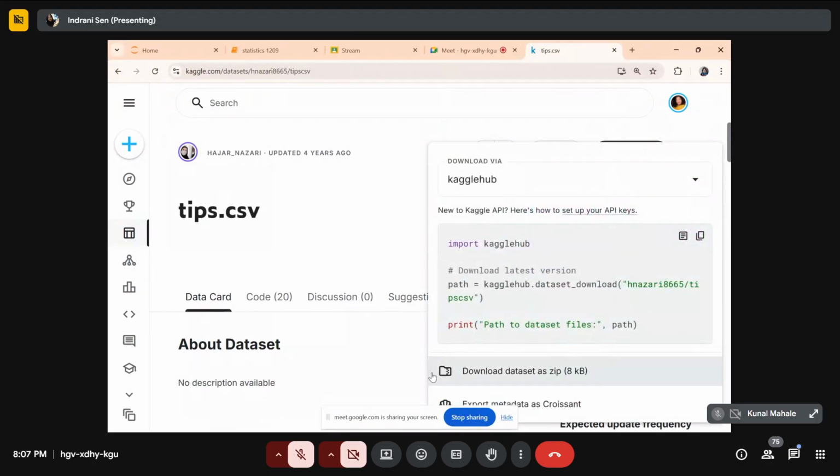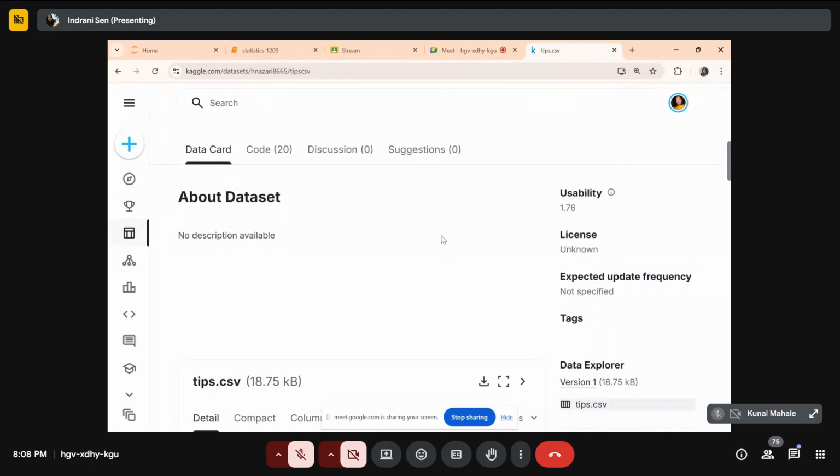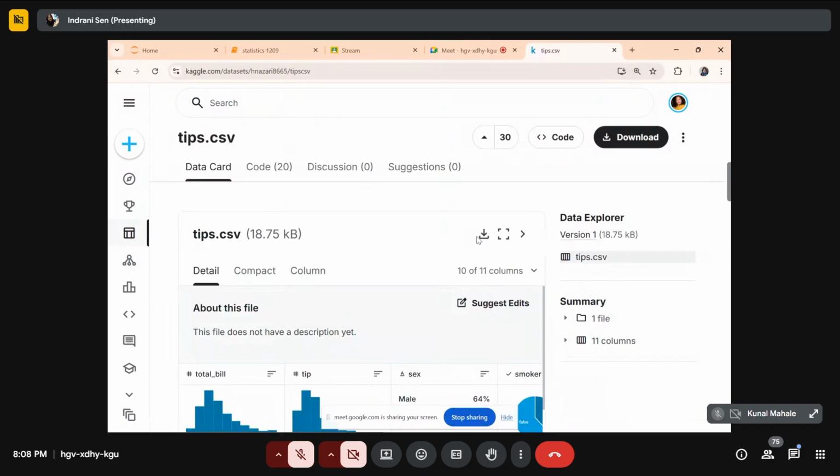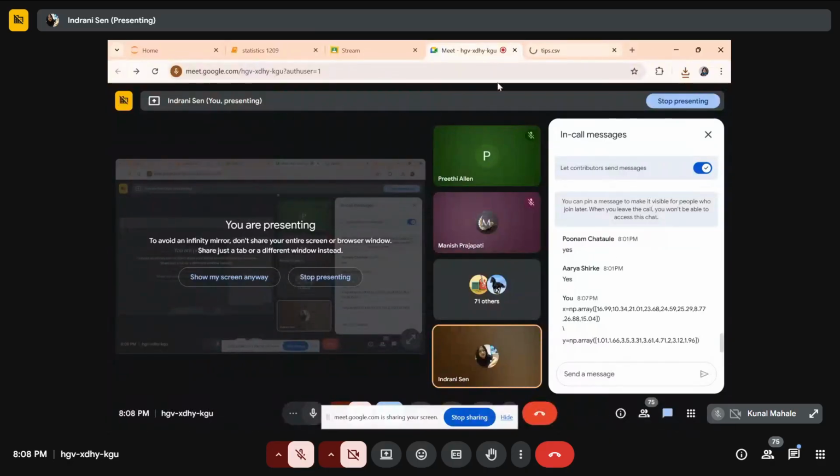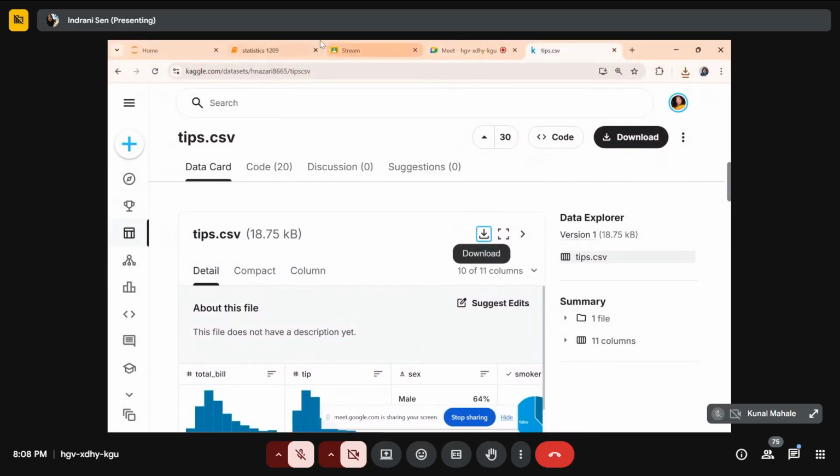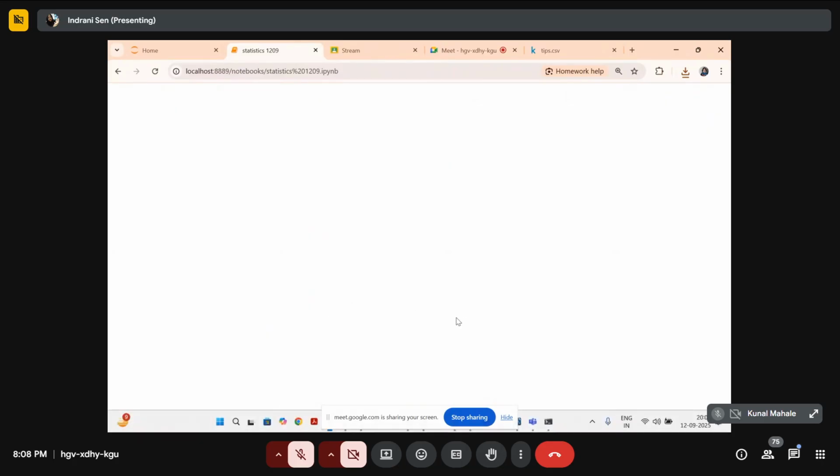Like this, you can download. I already have the data. If you download, you don't need to download as a zip. It will just get downloaded as a normal CSV file. Just download as a CSV file, then you will import here.